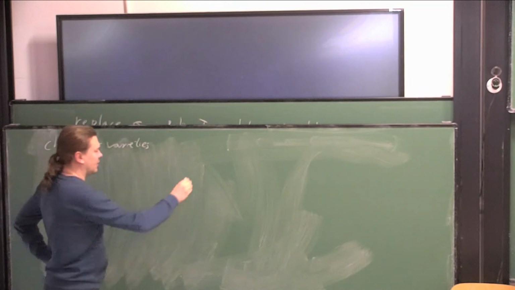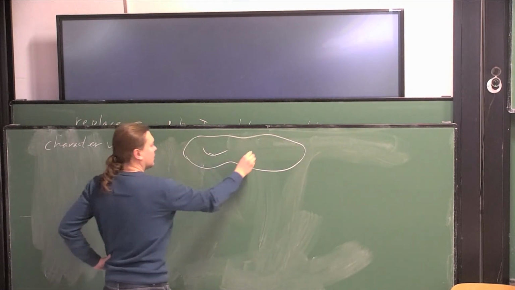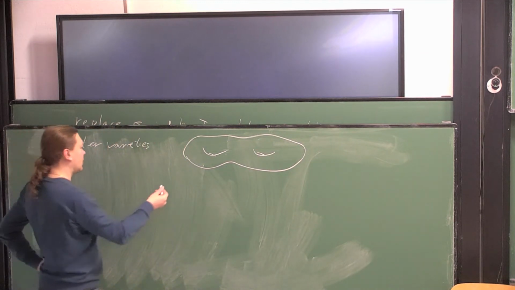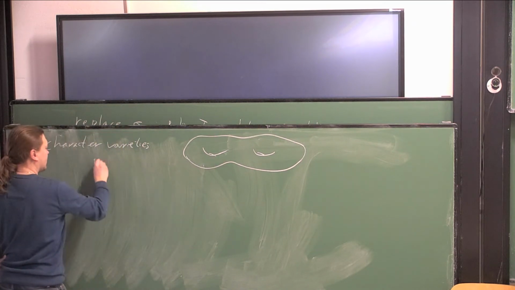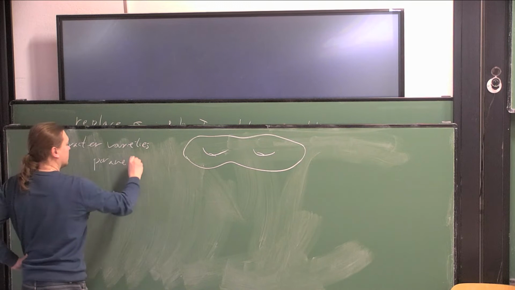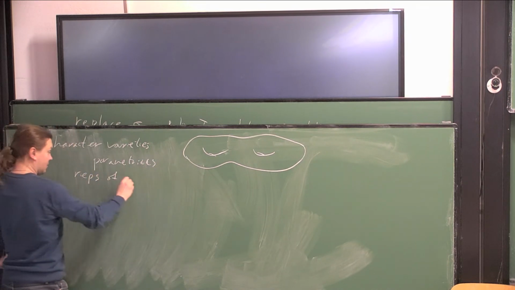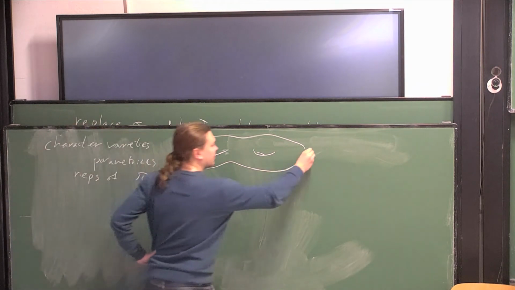You take some Riemann surface, and the character variety parameterizes representations of the fundamental group. So this is my surface.